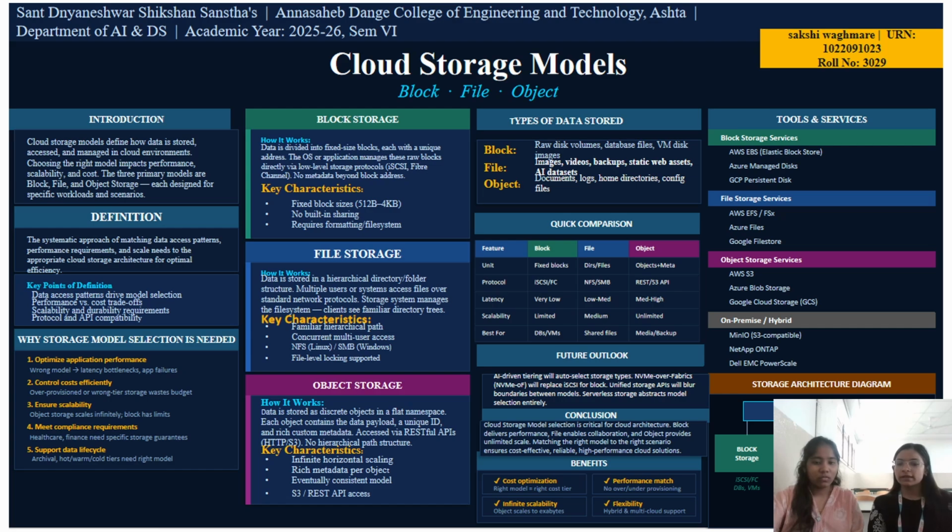What about performance characteristics compared to block? File storage is noticeably slower than block because every I/O operation includes a network round trip to the file server. Instead of sub-millisecond, you're looking at single-digit to low tens of milliseconds for most NFS operations.